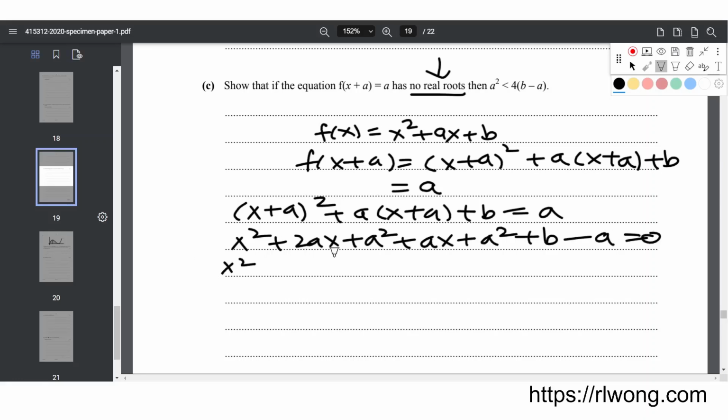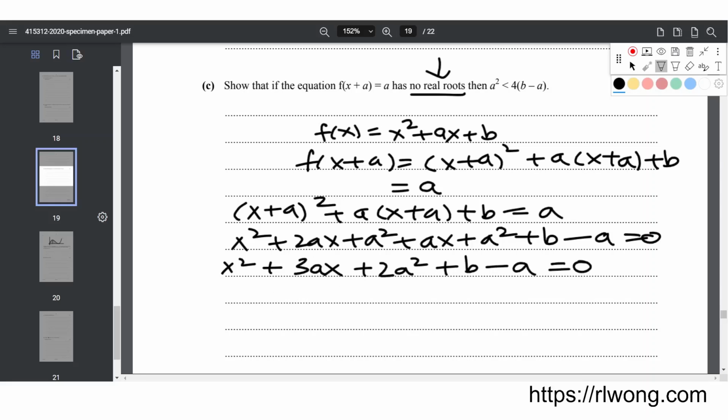Now I'm going to put all the terms with x together. So I have 2ax plus ax, which gives me 3ax. Next, a squared plus a squared, 2a squared, plus b minus a.